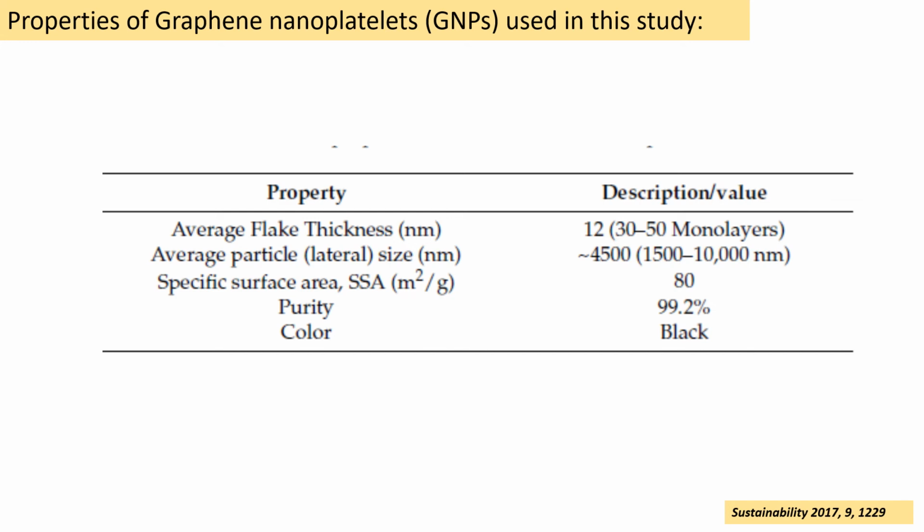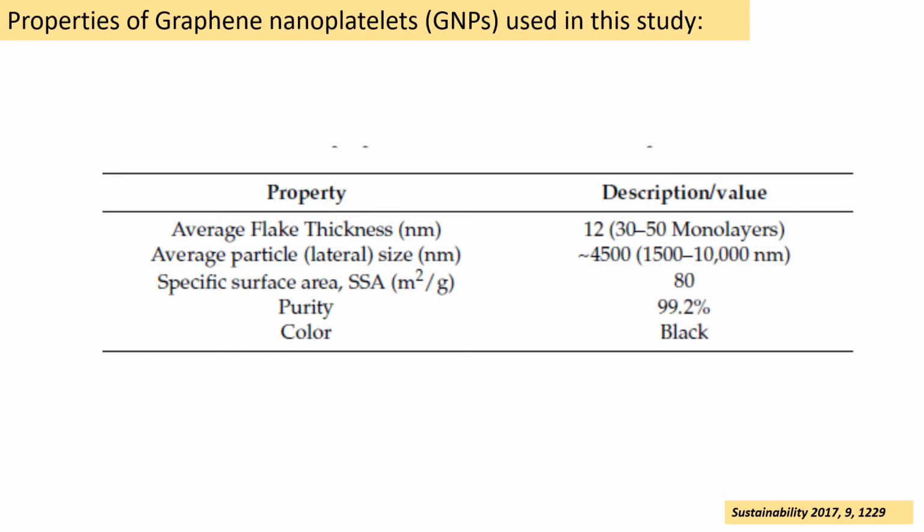So it is thin graphene with high surface area, large lateral size, and high purity. They call it graphene nanoplatelets. In the first example we encountered a special, engineered or functionalized graphene oxide.